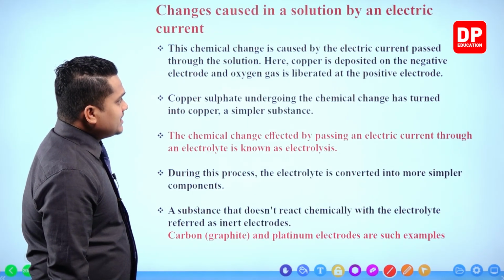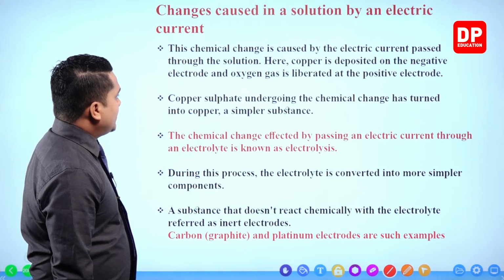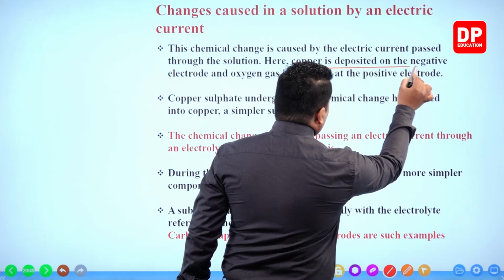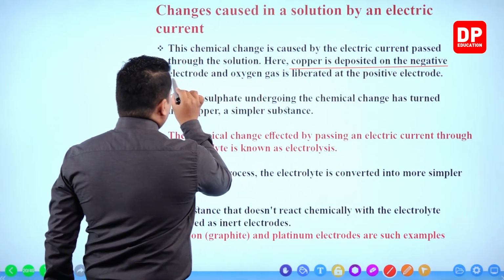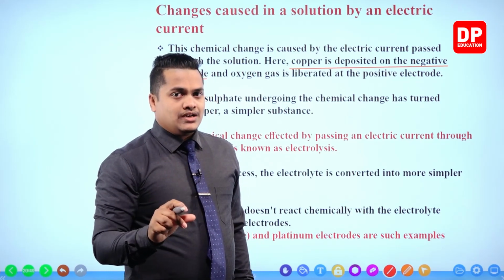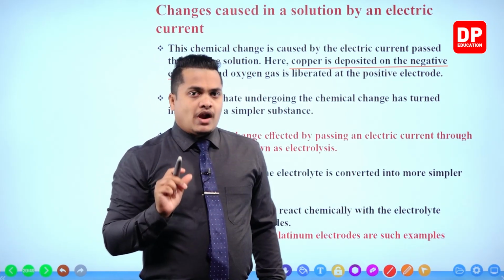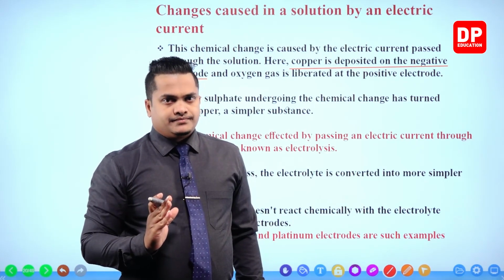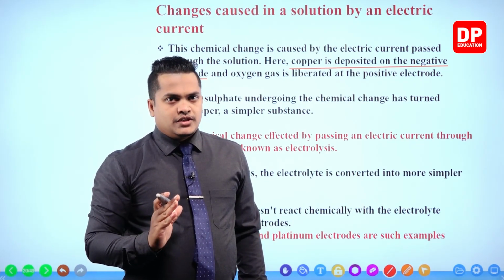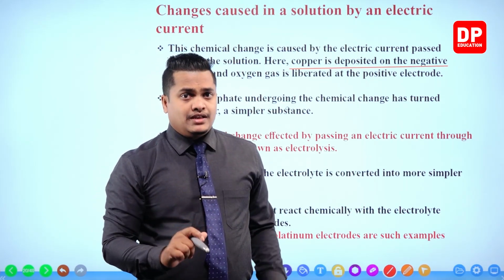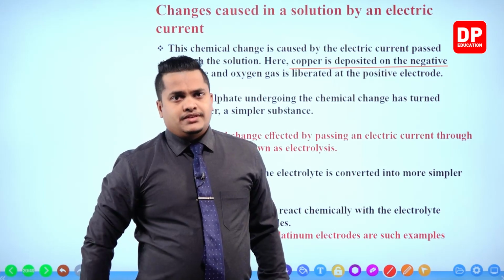Here copper is deposited on the negative electrode. See, copper is deposited on the negative electrode. Copper, that is why it is having that reddish brown color. You know that the reddish brown color is the unique color of copper, right? So the copper is getting deposited on the negative terminal within this experiment.